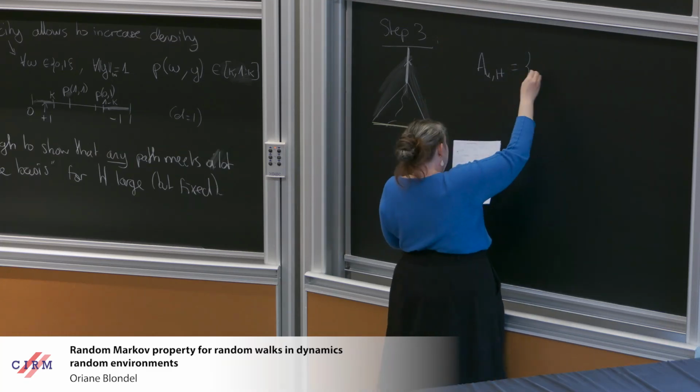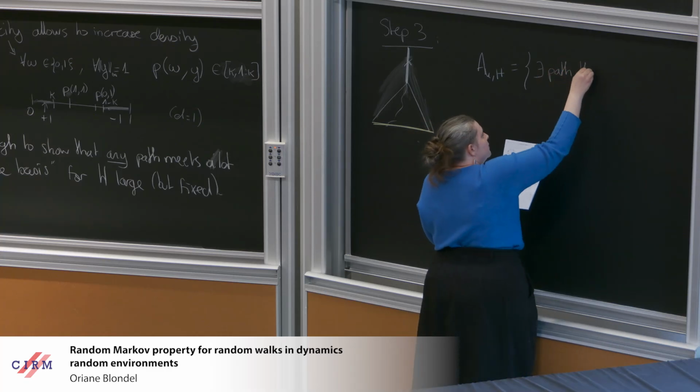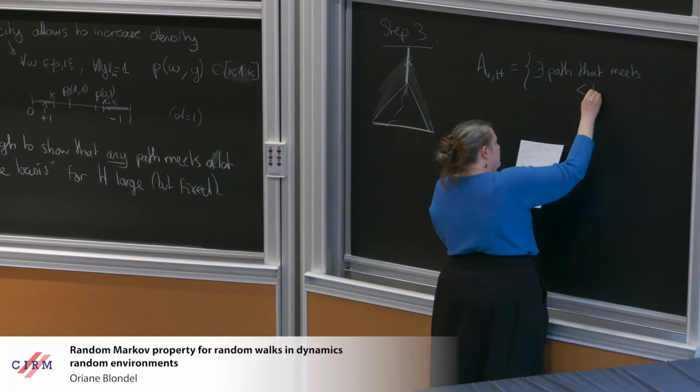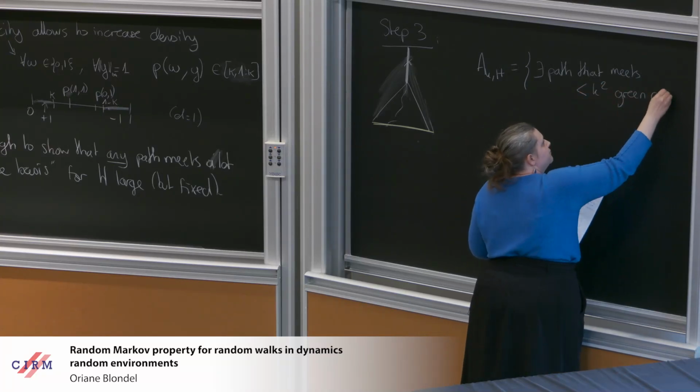And your bad event here is that there exists a path that meets less than, so we took k squared, never mind, green points.